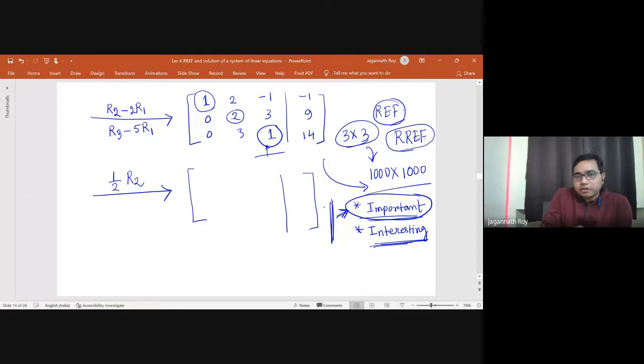So let me solve this problem totally. So 1, 2, minus 1 and minus 1. Don't be impatient so easily. You have to look at the total solution, then only you will understand. So half, then 3 by 2, 9 by 2.